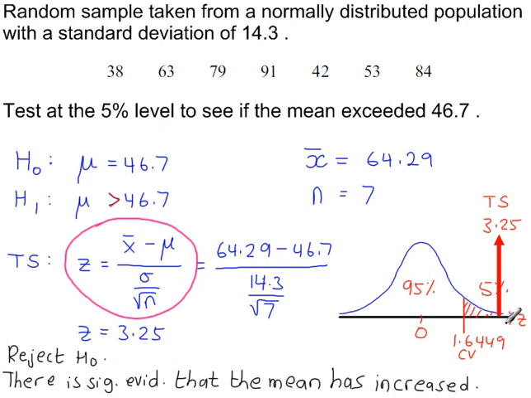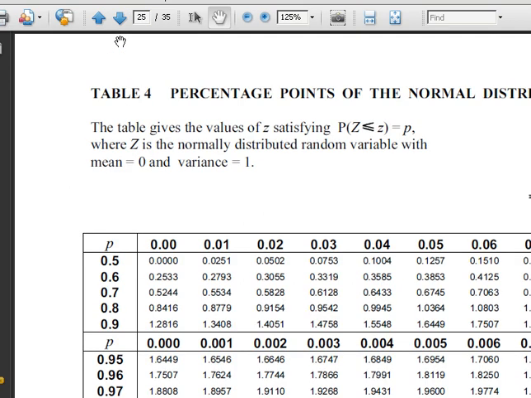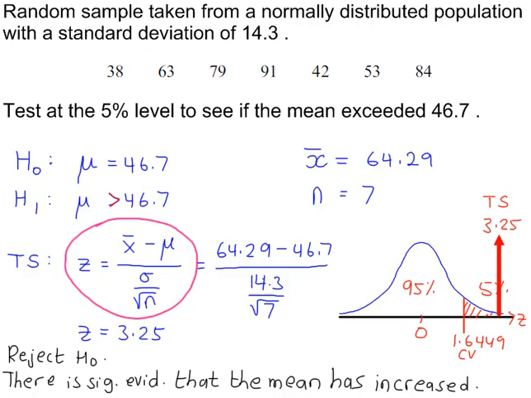There's only one shaded region. Mark your probabilities. Look up your probability, so 95%, and that was on page 25 there. Check to see if your Z value is positive on the right hand side or negative on the left hand side. So that line there would have been minus 1.6449.